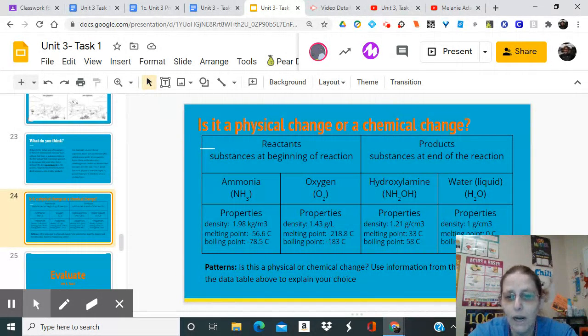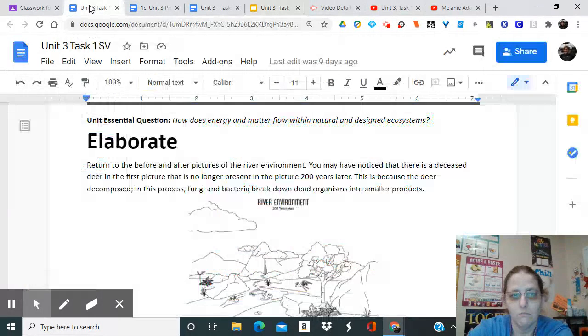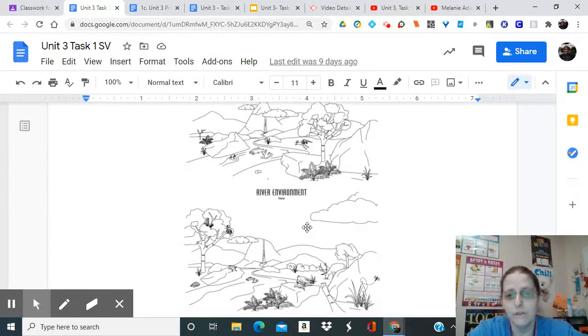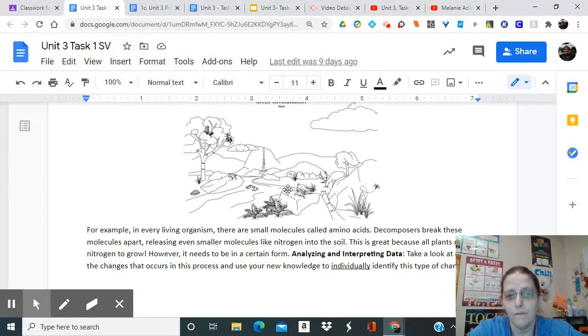Okay, so I'm grading it like a CER. So you can't just answer the question, is it physical or chemical, and expect to get a good grade. That's not how it works. Okay? So don't think that that's how it works. So in your student guide and in your task to turn in, you're going to look at the before and after picture. You're going to think about the deer, the poor little deer that is no longer there.